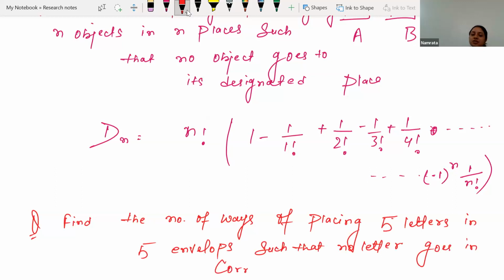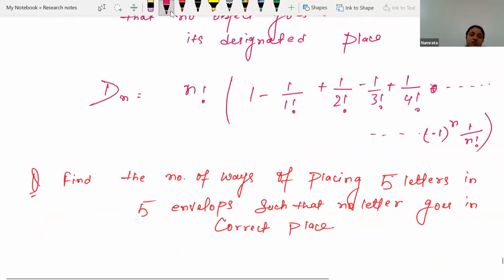Just by reading the question you will be able to understand, okay, it's from the derangement case. Are you able to understand just by reading the question? Yes, ma'am. Now let's use the formula.